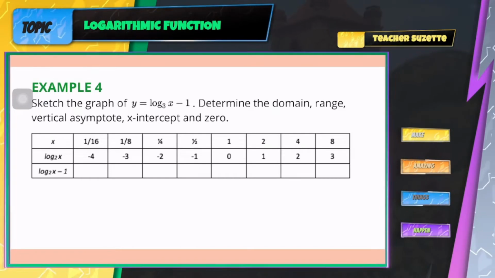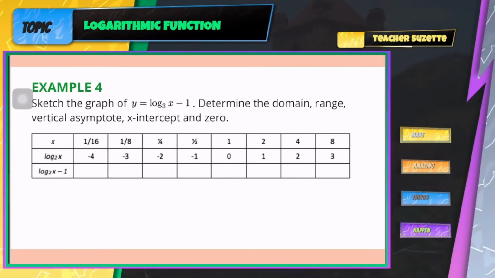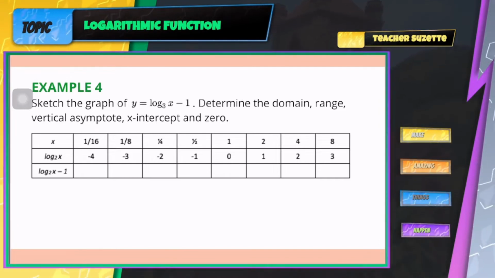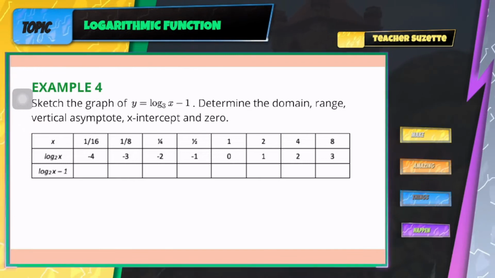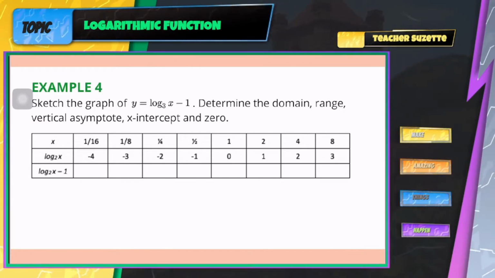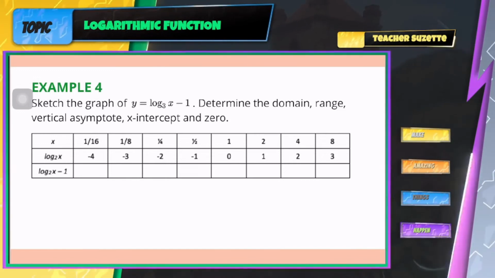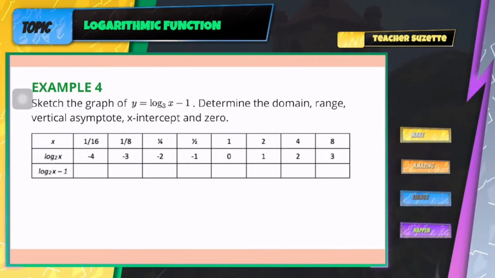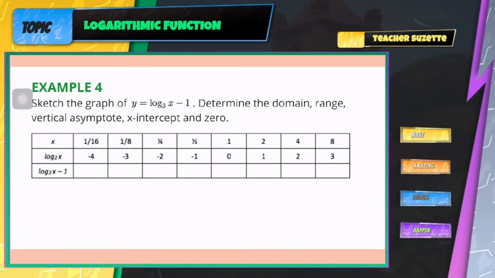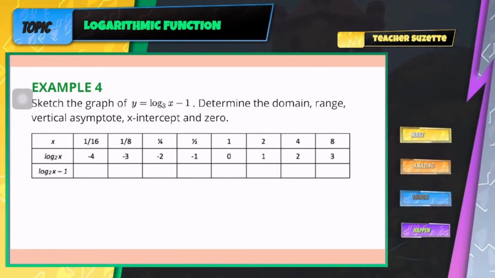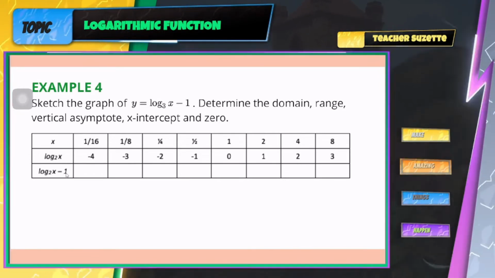Next, let's have this example. Let's sketch the graph of y is equal to the logarithm of x base 2 minus 1. So, determine the domain, range, vertical asymptote, and x-intercept and zeros of the graph. First, let's construct the table of values of our y is equal to the logarithm of x base 2 minus 1.